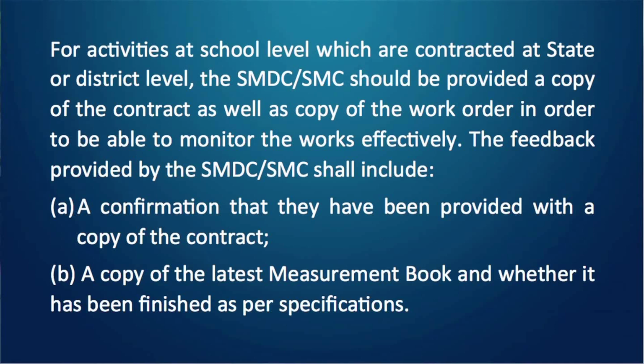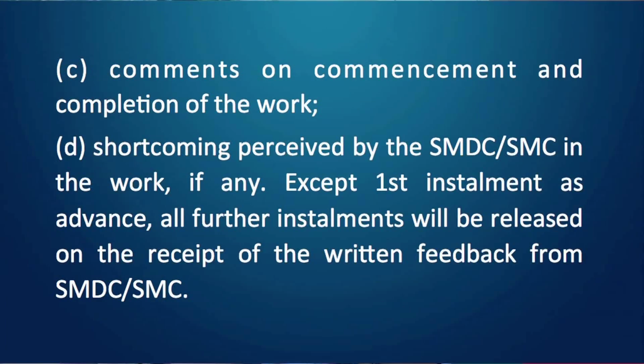The feedback provided by the SMDC or SMC shall include: A, a confirmation that they have been provided with a copy of the contract; B, a copy of the latest measurement book and whether it has been finished as per specification; C, comments on commencement and completion of the work; and D, shortcomings perceived by the SMDC or SMC in the work, if any.